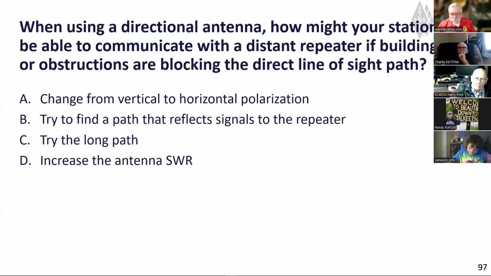When using a directional antenna, how might your station be able to communicate with a distance repeater if buildings or obstructions are blocking it in the direct line of sight path? That would be B. Try to find a path that reflects signals to the repeater. That can be especially true here in the mountains.